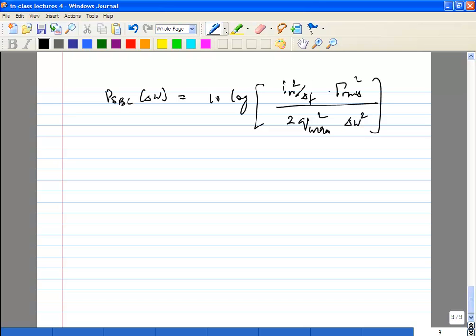Okay, 2 q max squared delta omega squared. Q max is the maximum charge displacement across the tank, which is nothing but C times V peak. Okay.